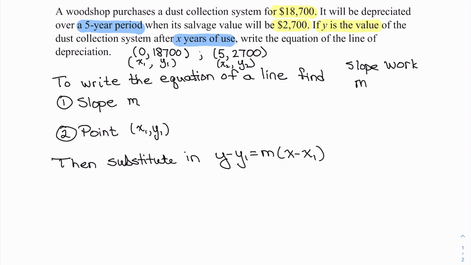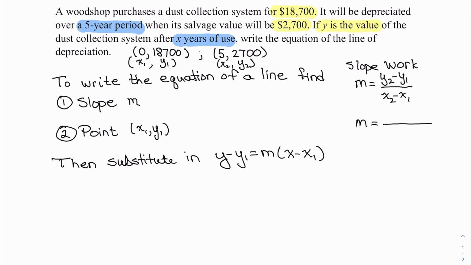Our slope, if we have 2 points, is the difference in the y coordinates, y sub 2 minus y sub 1, over the difference in the x coordinates, x sub 2 minus x sub 1.